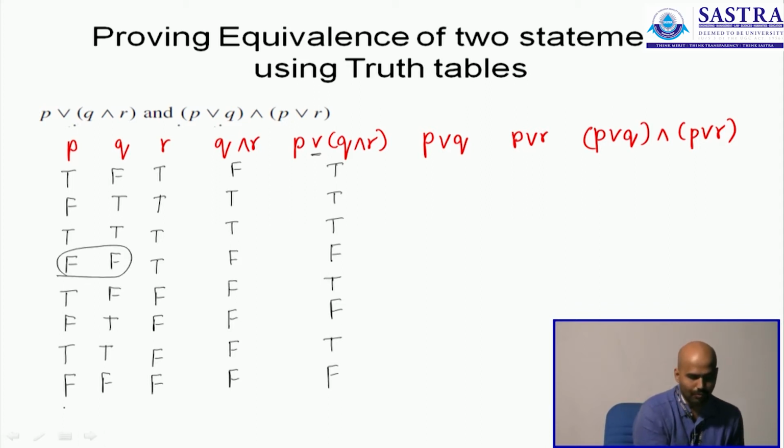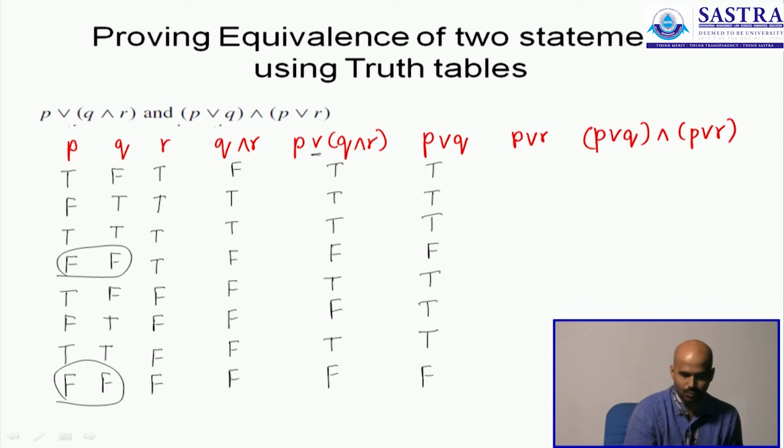That happens in row number 4 and also in row number 8. So only these two rows return a false value. The rest of them return a true value always, because at least one of them is true.